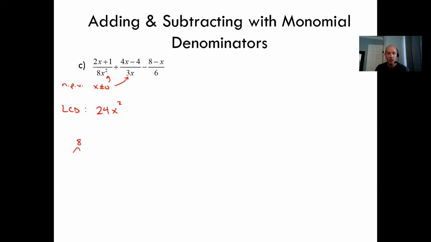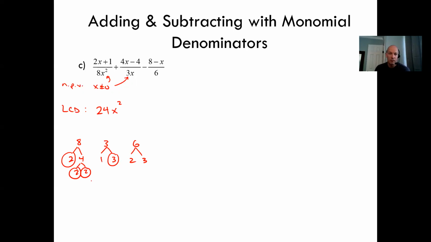By the way, if you are completely lost and you don't know what the lowest common denominator is, you can prime factor each of these numbers. When you prime factor, you will find that 8 consists of 3 2's. 3 consists of a 3, don't even worry about 1s, they're wasting time, and 6 consists of a 2 and a 3.